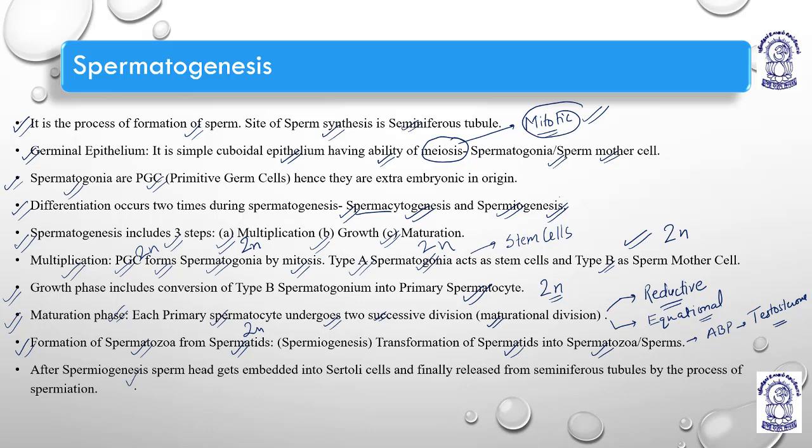Now spermiogenesis, the sperm head gets embedded. Spermiogenesis is done. Spermatozoa is formed. Now the mature sperm needs to leave the seminiferous tubules. Why?